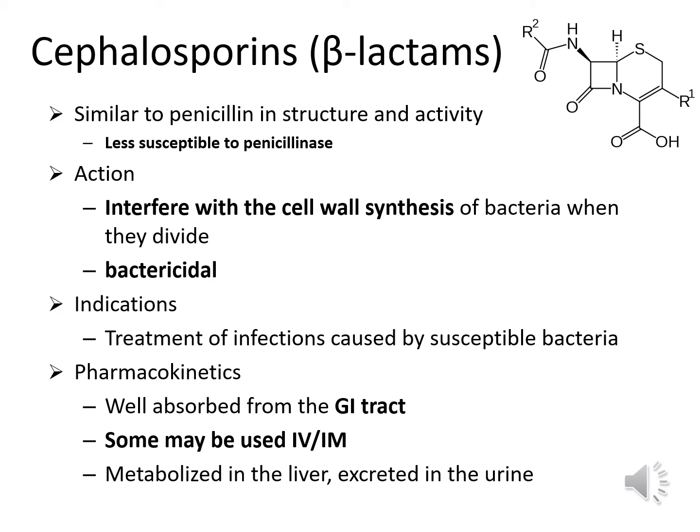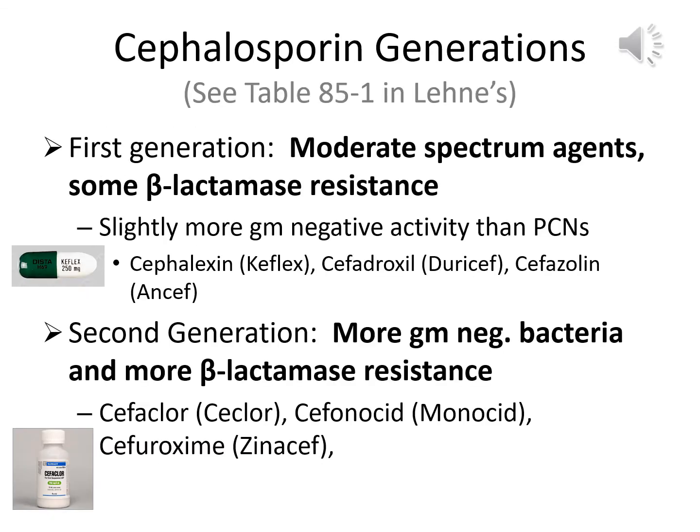Most of them are well absorbed from the GI tract, although some are used intravenously and intramuscularly. Most are metabolized in the liver and excreted in the urine, like most other drugs. Cephalosporins are a little more complex than penicillins in that we have these generations.